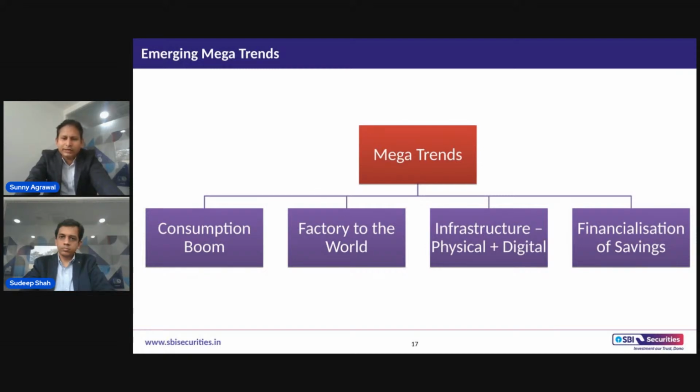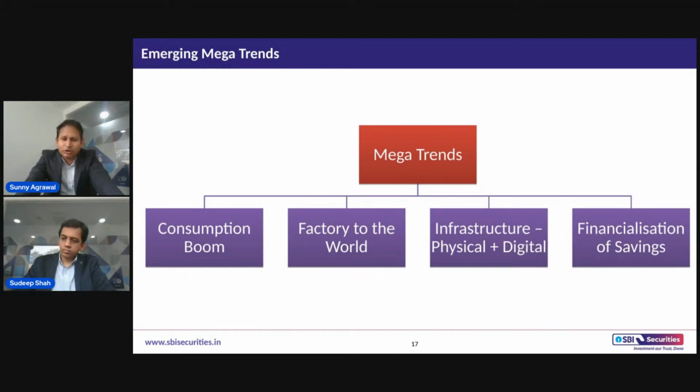And with COVID, the entire developed market is trying to create an alternative to China, and India is offering them a ready platform supported by various favorable government policies. To become a factory of the world, India needs to improve its infrastructure, both physical and digital, and that is where we have seen the focus of the government currently, and that will continue over the next 3 to 7 years.